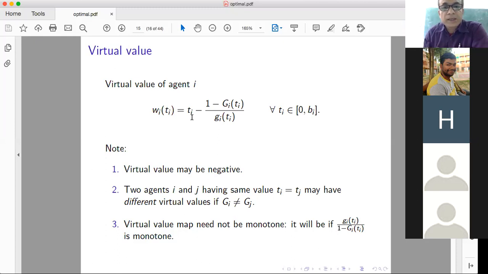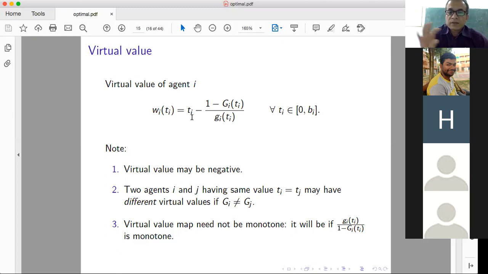So an interpretation is that in the optimal auction, if it turns out to be negative, we have this option of not allocating to that buyer. So in that case, we won't allocate it to him. But whenever we allocate, we see that we are maximizing the virtual value.